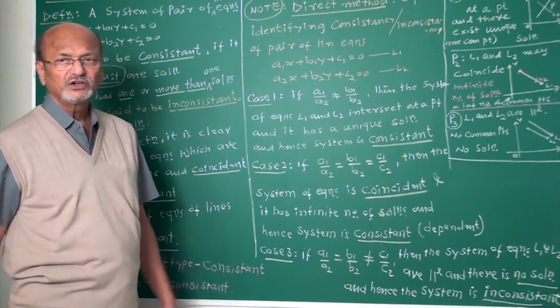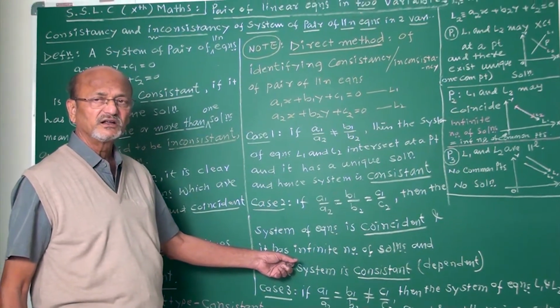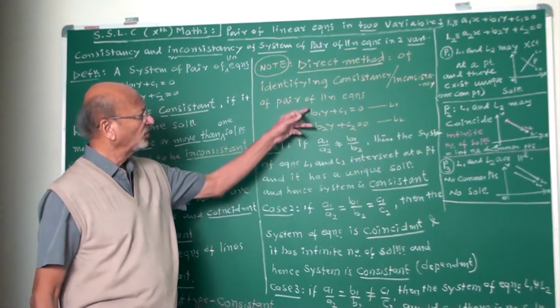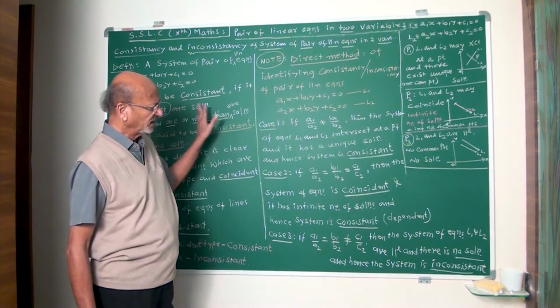Hence, my friends, based on this, you have examples in exercise 3.2. Some two to three varieties of examples are there on consistency and inconsistency of pair of linear equations. I give two minutes.